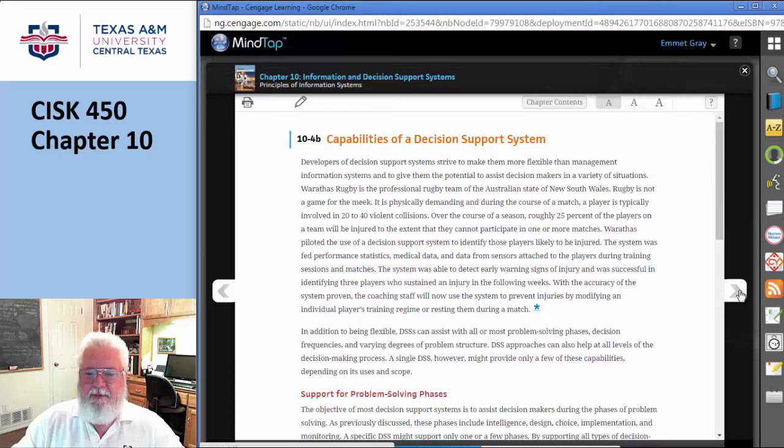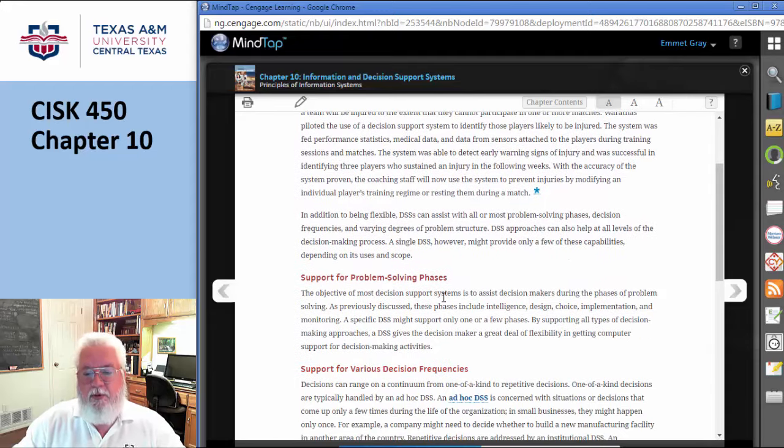So let's talk about the capabilities. The first one basically talks about how it has to support all the problem-solving phases. Remember the problem-solving phases where I have to identify the problem, I have to design, come up with some alternatives, and I have to pick one. Remember all that? Okay.